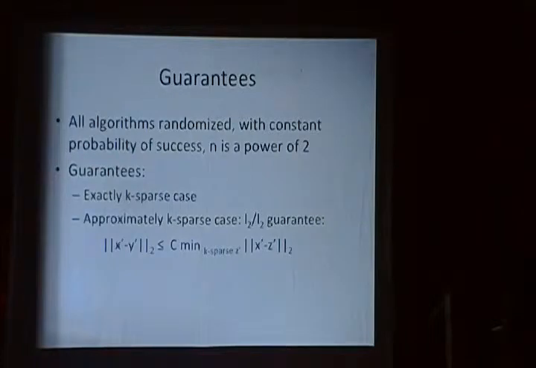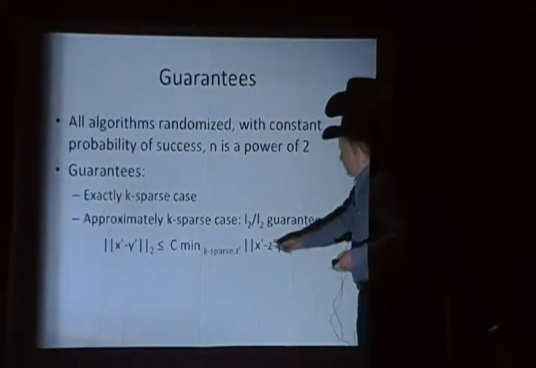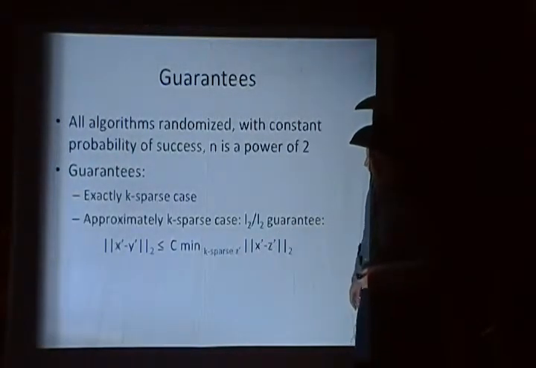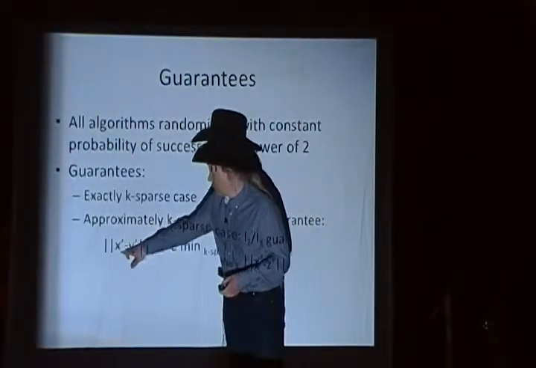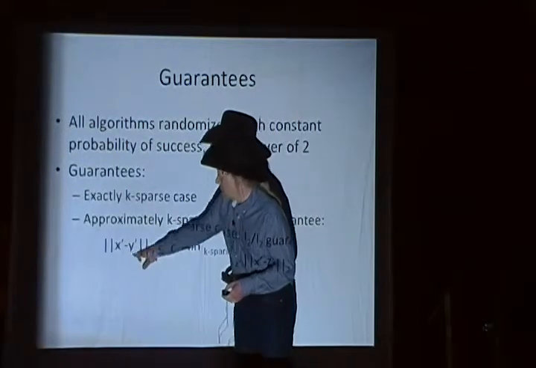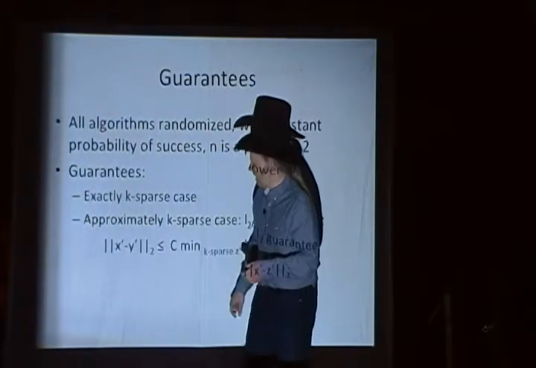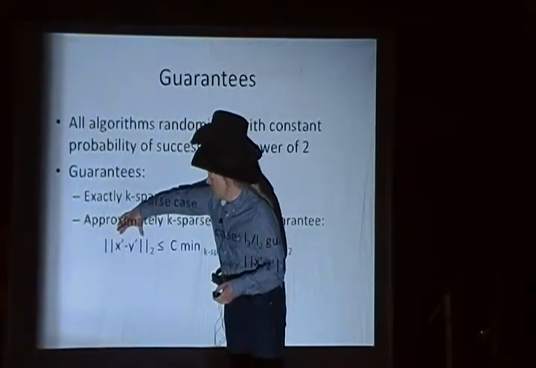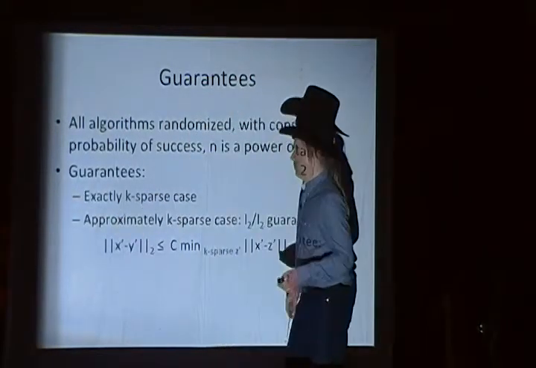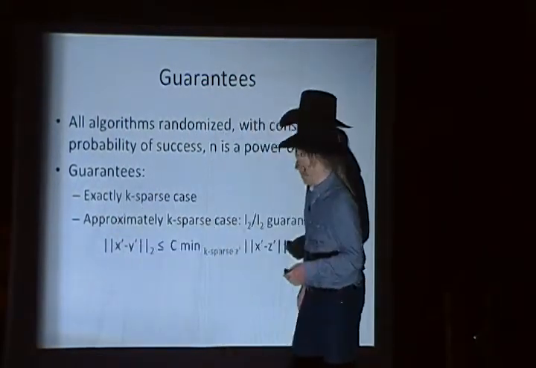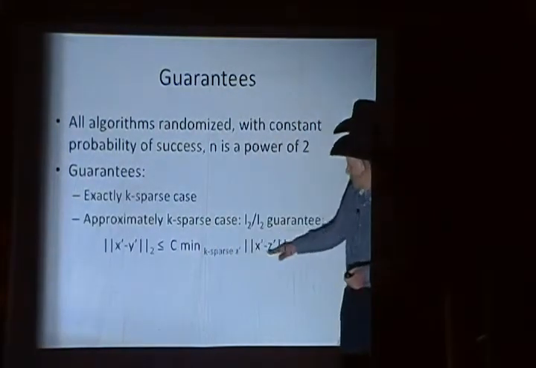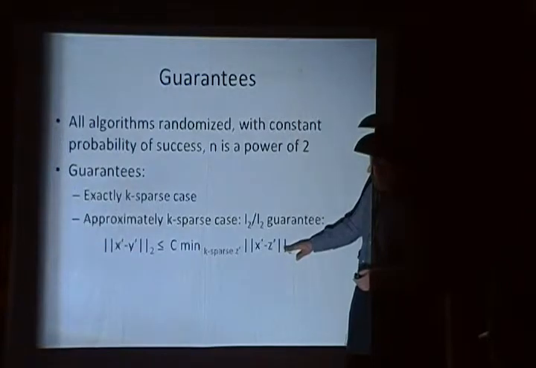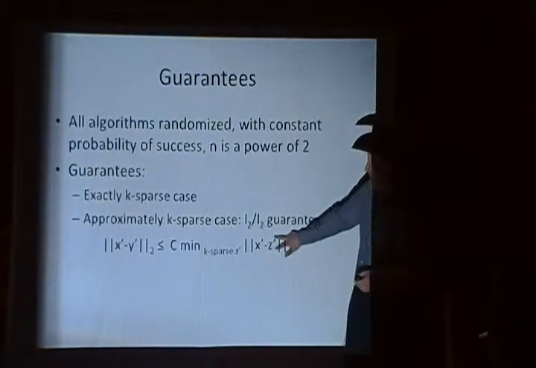Okay, so let me just spend maybe 2 minutes on it. The guarantee that we get is that if this is the spectrum of our signal, and this is our approximation, then the approximation error, the norm of the difference between the truth and our approximation, is at most some constant times the smallest possible error achievable when you approximate your signal by a k-sparse vector.